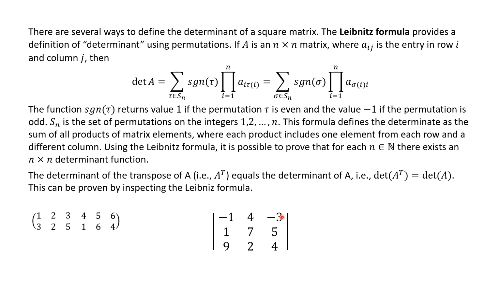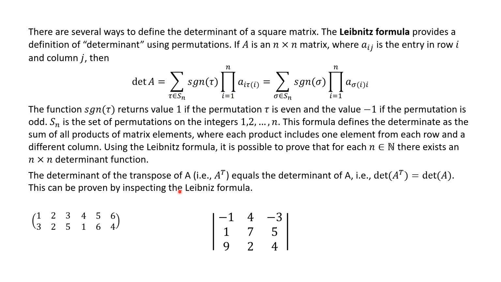And then finally you would have -3 times 1 times 2, and then -3 times 7 times 9. So you would have a total of 6 different things in your sum here in order to get the permutation. And again, you'd have to determine whether each permutation is even or odd. If it's even, it's just plus. You don't change anything. If it's an odd permutation, then you need to multiply by a -1.